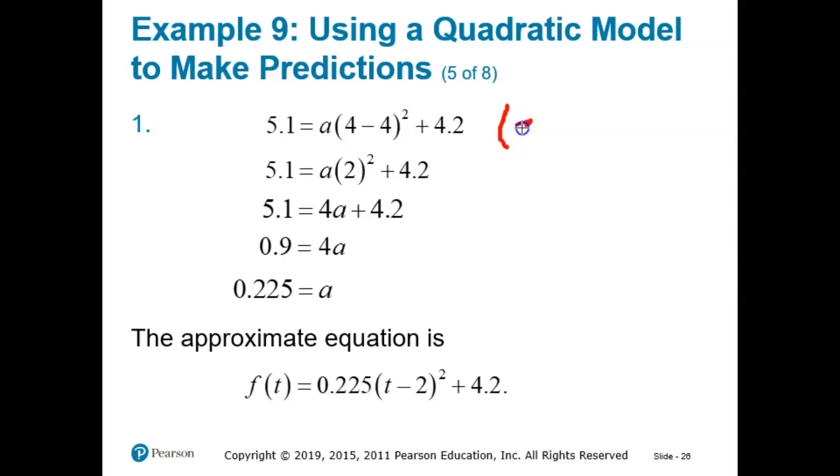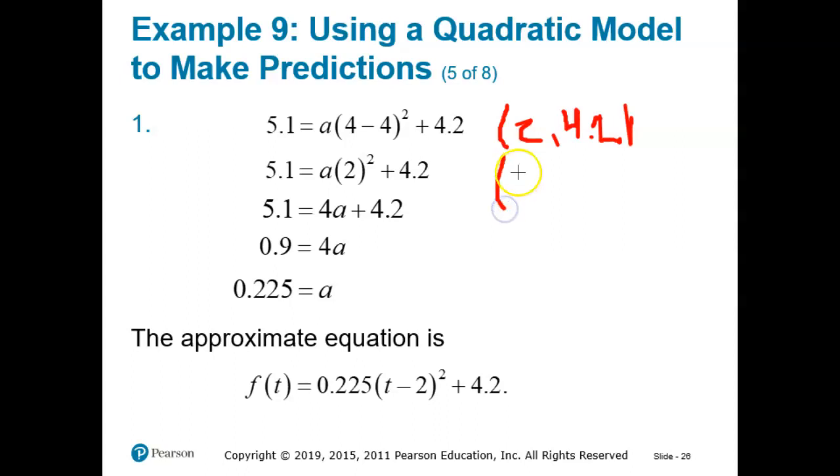Parenthesis, 2, comma, 4.2 is one of the points, and that can be found in just a moment.